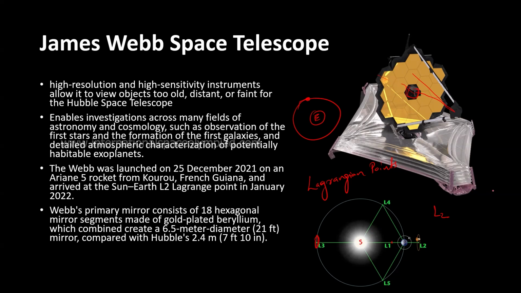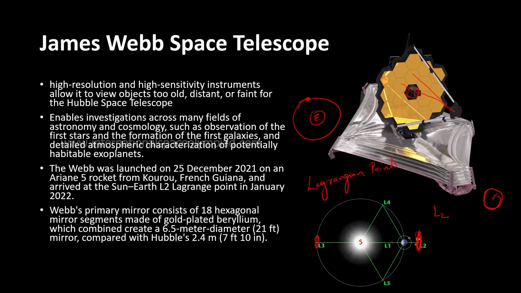For a satellite to be orbiting around something, there should be something to attract. So instead of having something, we can use the L1, L2 points, and around L2 this satellite is orbiting.